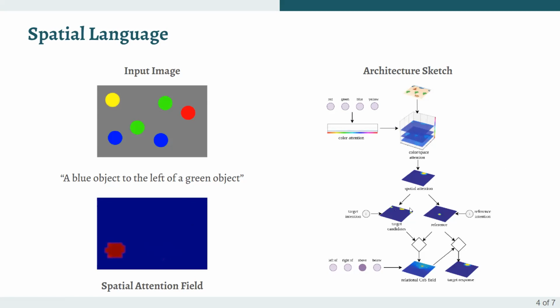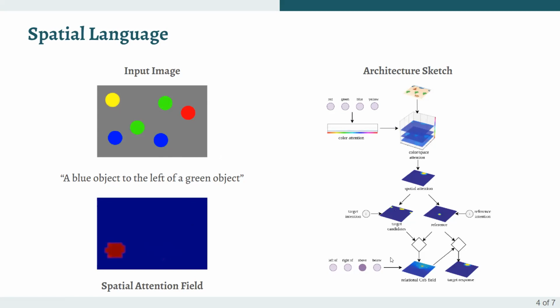This is one of the simpler versions of the spatial language architecture that Gregor also showed in the lecture yesterday. And here you would ask questions like, find a blue object that's to the left of a green object. Given the same scene as before, you would now not select this blue object, but this one, because the left blue object here is the only one that fits your description phrase.